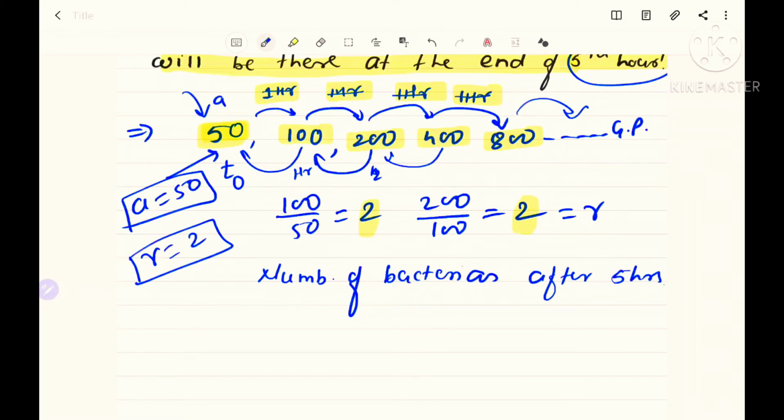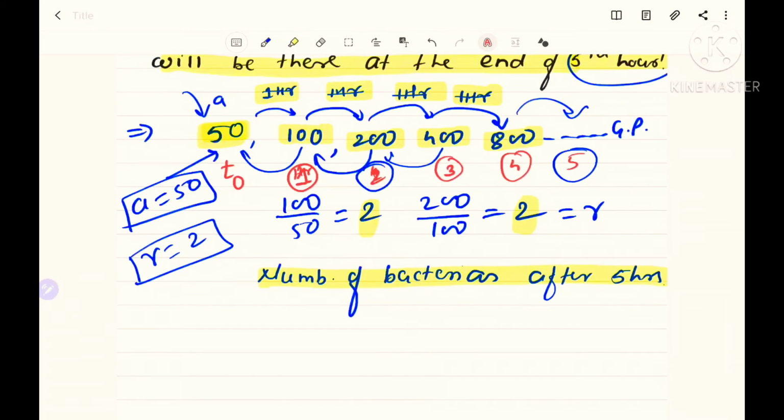This is the situation after 1 hour. This is the situation after 2 hours, then 3 hours, 4 hours, and then 5 hours. So technically, if they are asking you what is the situation after 5 hours, which term of the geometric progression is it? So friends, be careful. This is the place where it is possible that you will make a mistake in the examination.